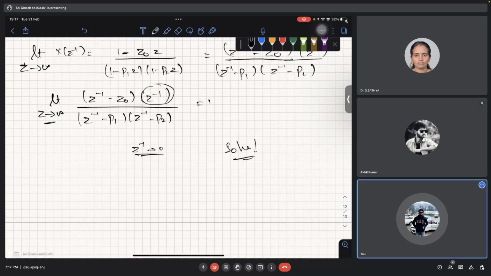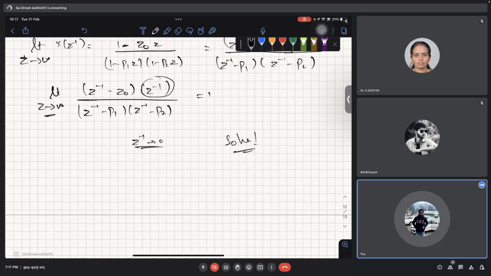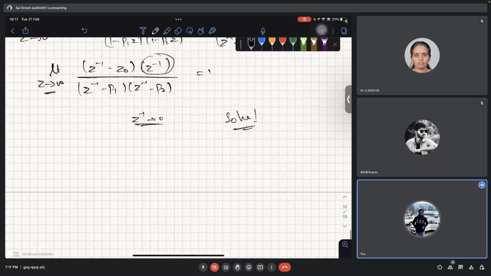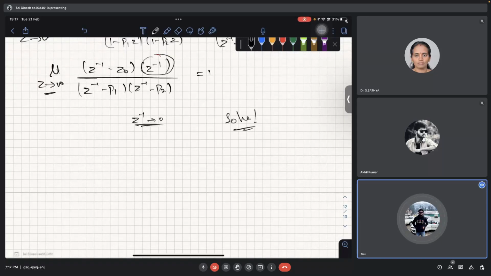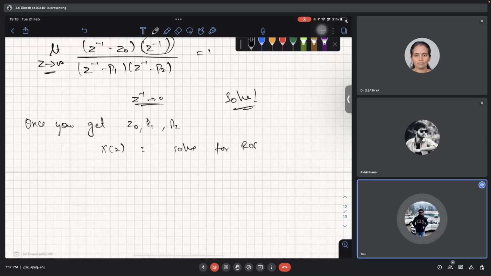So once you get p0, p1, I mean all those, you need to put it in the form of X of z, with p2, and then solve for ROC.